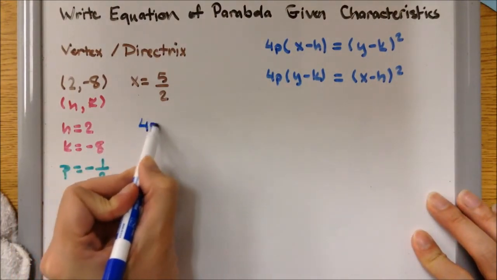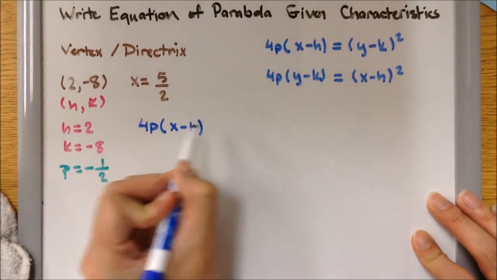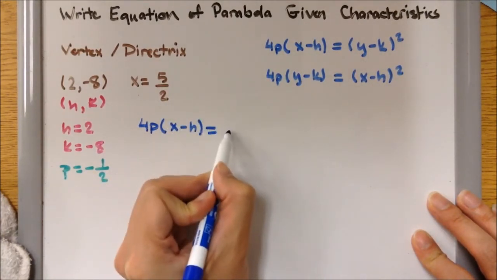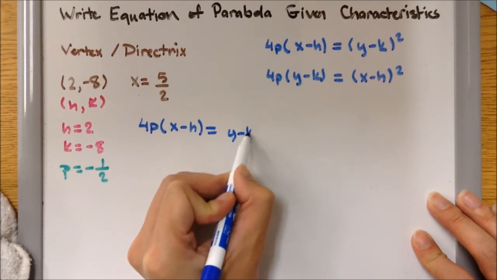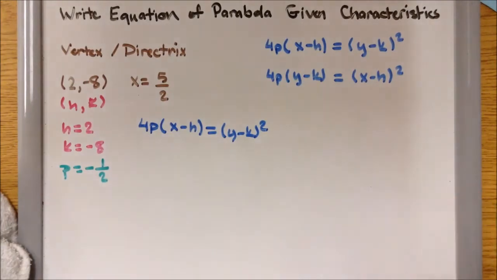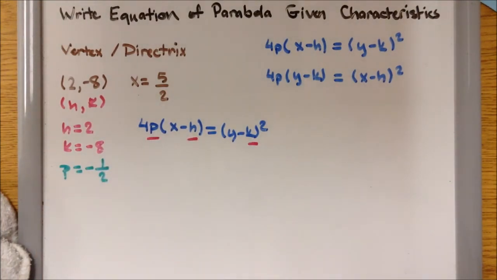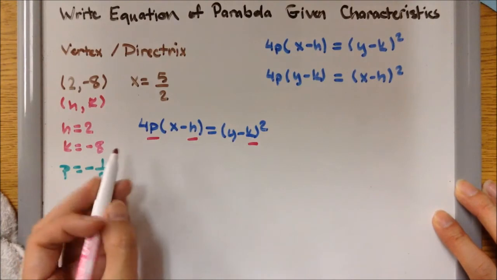So 4p, parenthesis, x minus h, close parenthesis, equals y minus k, parenthesis, and the square. So I'm going to plug in the p value, h value, and the k value.